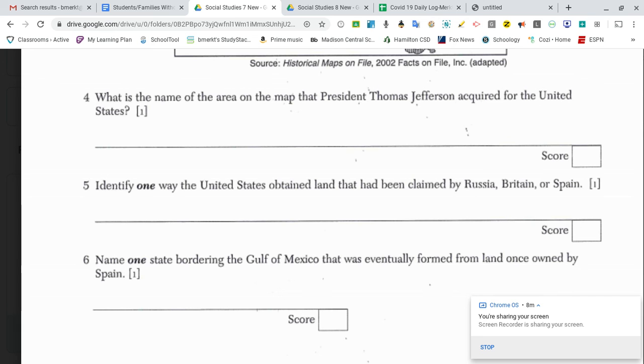You still have to answer the questions in the packets, so if you want to put them on a separate sheet of paper, that would be fine. If you can print it, that's fine too. You can print them and answer them that way. It's up to you. I'll be leaving some copies of those packets at school as well.